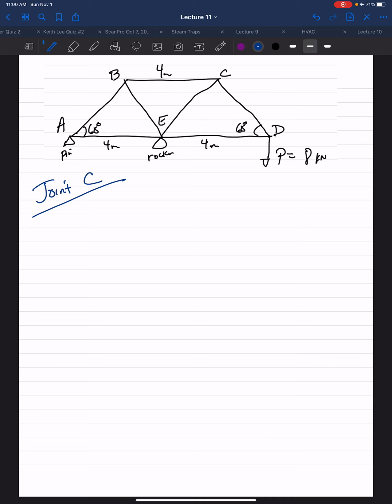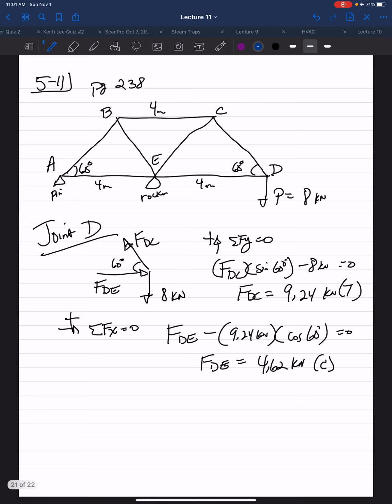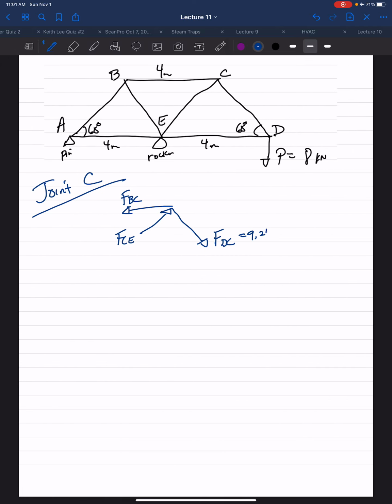So joint C then would have FBC, which is unknown, FCE, which is unknown, FDC, which we calculated previously as 9.24, this angle between the horizontal, this angle is 60 degrees.